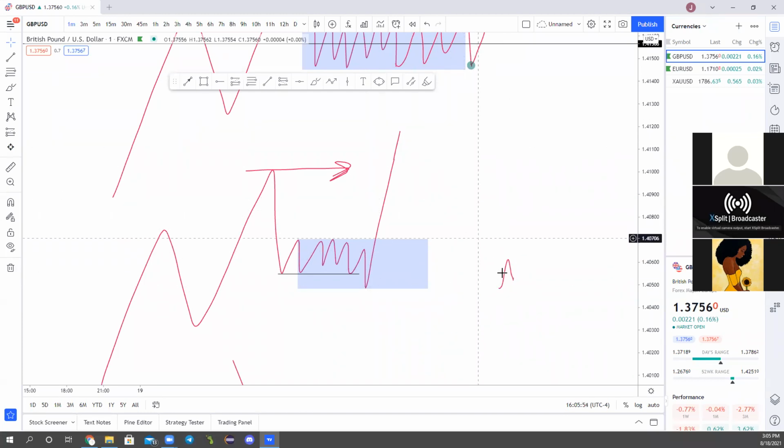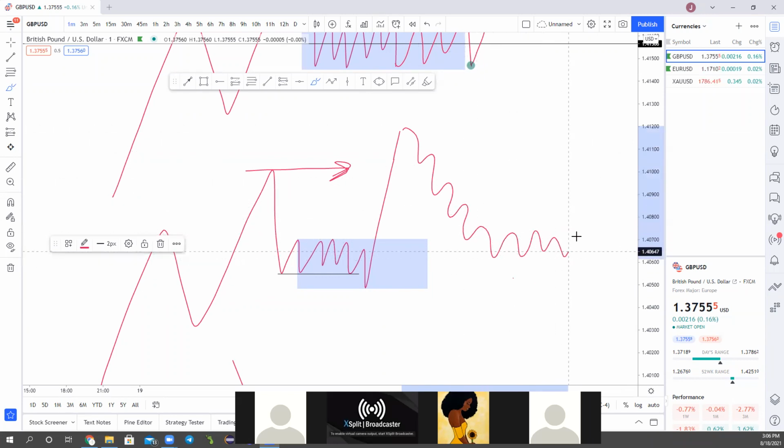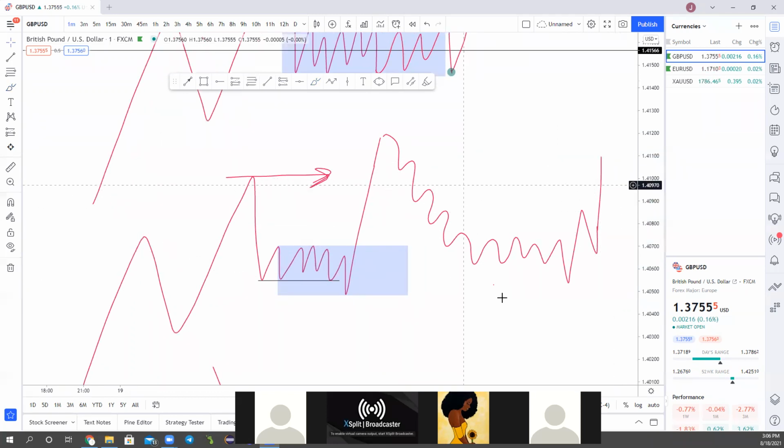And typically with demand regions, and the same goes for supply, but I'm talking right now just about demand, what you'll see is a push down, and then you'll create more demand. And again, it's really strong when you get a run of lows, when you mitigate.